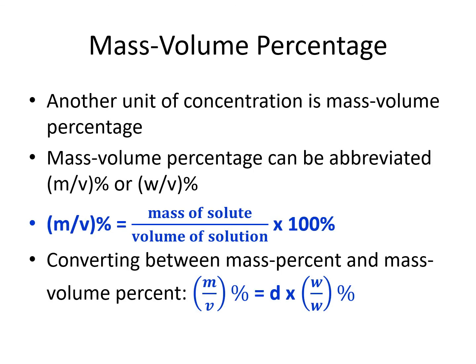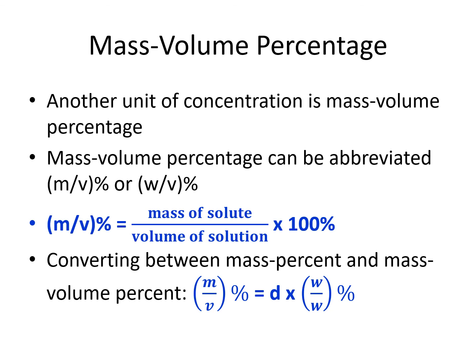Another unit of concentration could be mass volume percentage. So this would have mass in the numerator and volume in the denominator. We can abbreviate this as M over V for mass over volume, or W over V for weight over volume. So our mass volume percentage is going to be mass of the solute, again our component, our small part, divided by volume of the solution.